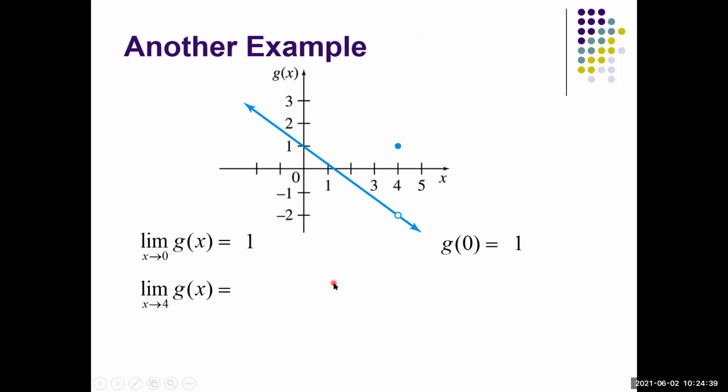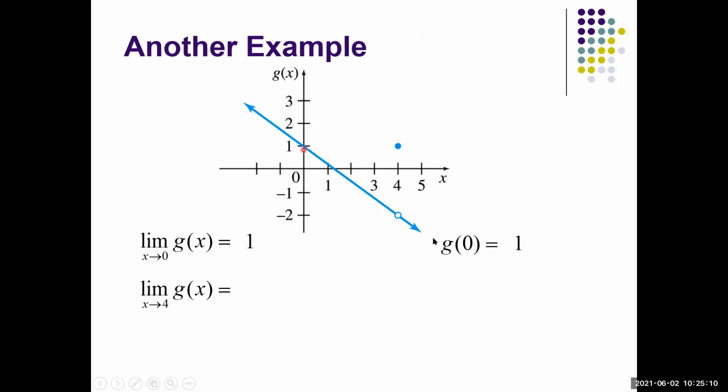And what's the limit of g of x where x approaches 4? Right, so approaching 4, notice that here is 4. From the left of 4, you see the graph getting closer and closer to the hole. Then the corresponding y is -2. From the right, it's also getting closer and closer to this point. It also has value -2.